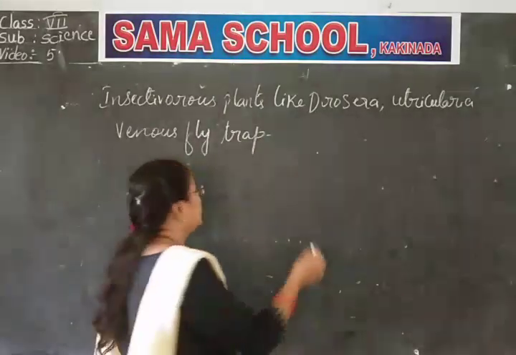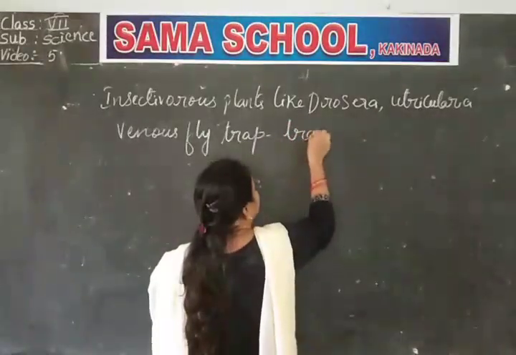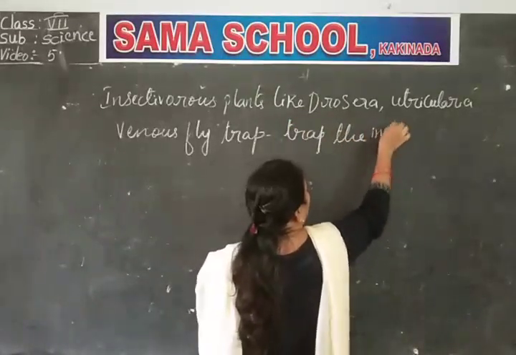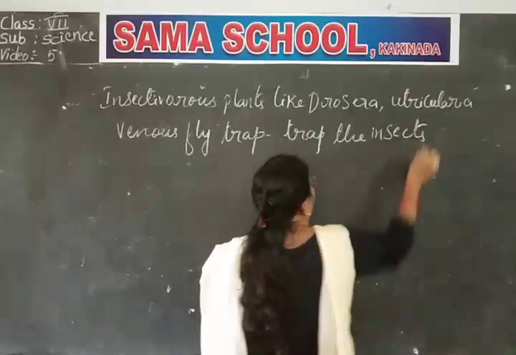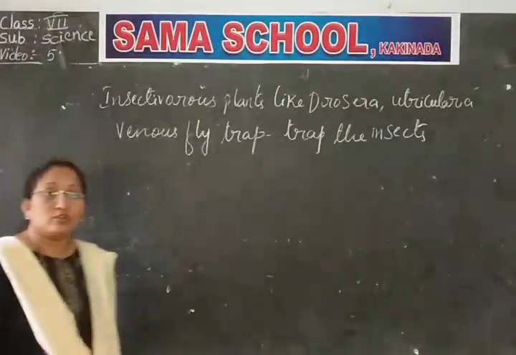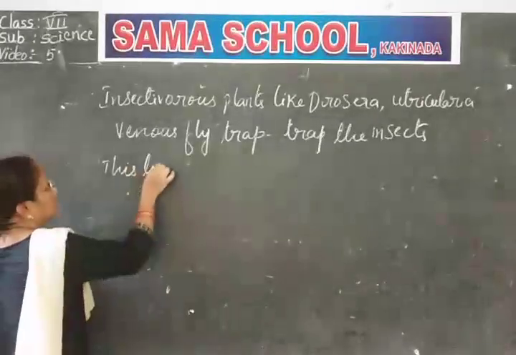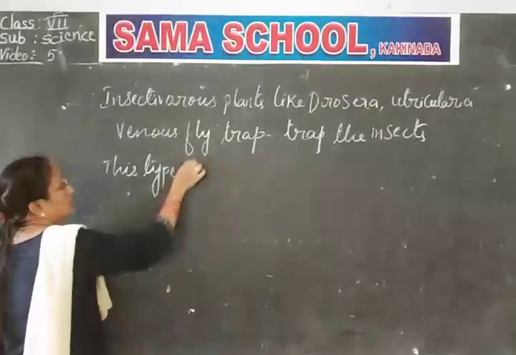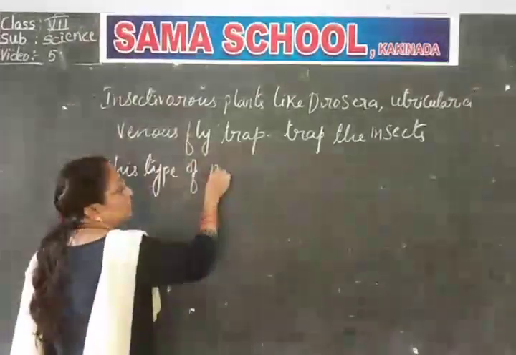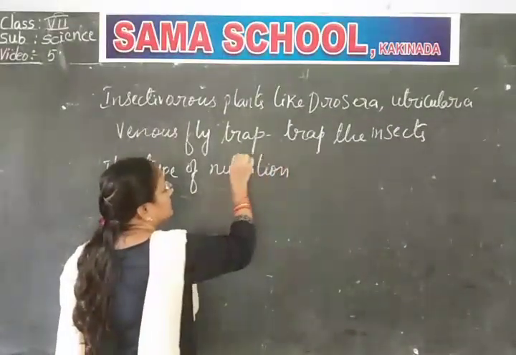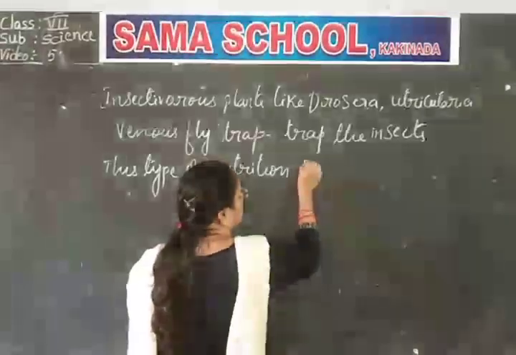What do they eat? They trap the insects and eat them. So this type of nutrition is called heterotrophic nutrition.